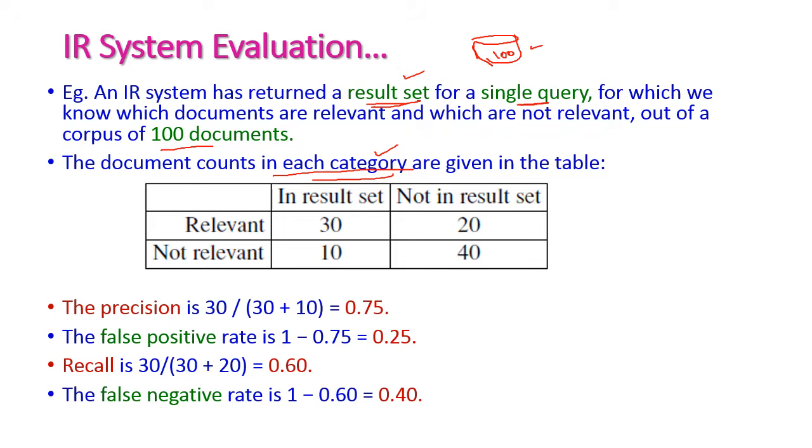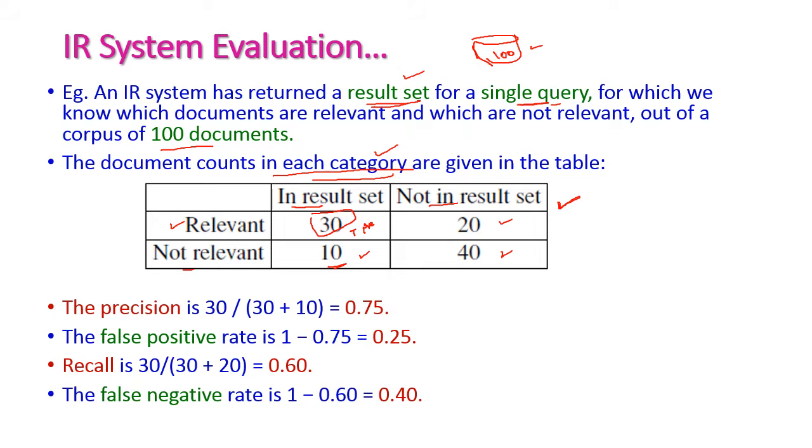The first is in the result set and relevant, which is 30, the true positives. The second is in the result set but not relevant. The third is not in the result set but relevant, and the fourth is not in the result set and not relevant. These are the categories of results we have retrieved using this query.